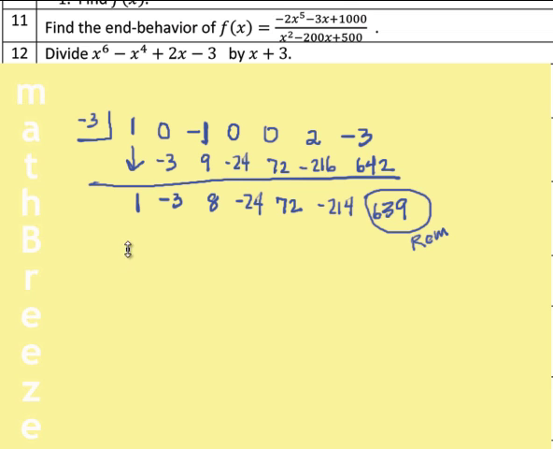So that would be 1 times x to the 5th minus 3x to the 4th plus 8x cubed minus 24x squared plus 72x minus 214. And this is the remainder.